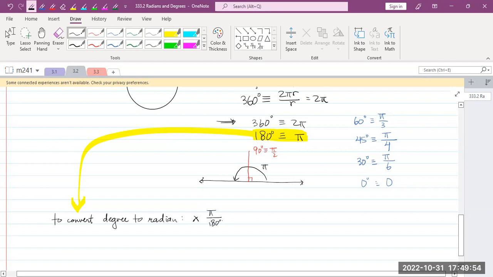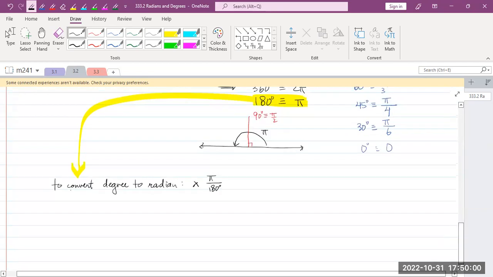So divide by 180 degrees to cancel the degrees, then multiply by pi. Now, if we convert from radian to degree, we cancel the radian first, dividing by pi, and multiply by 180 degrees.